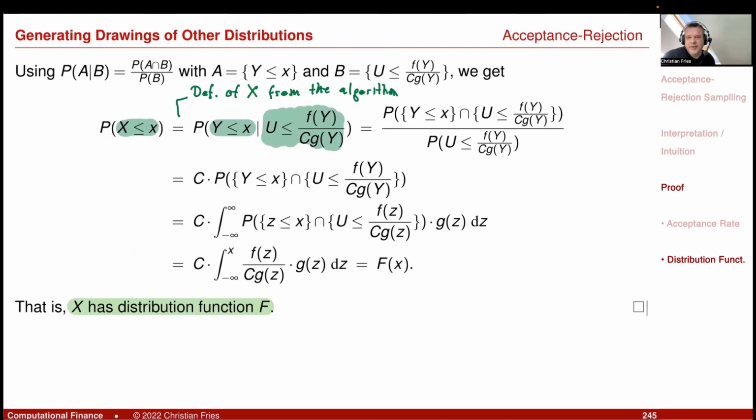Next step, rewrite the conditional expectation by saying, okay, it's the probability of the intersection of the set I'm looking at, y less or equal x, and the set that provides the condition. So y is less or equal x, and I'm accepting the point. Renormalized by all the cases where I accept the point.